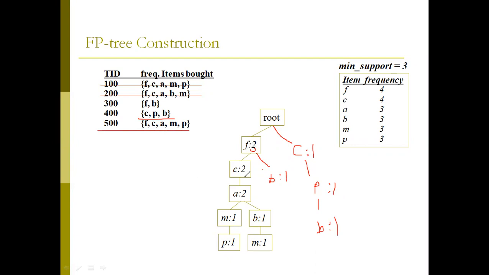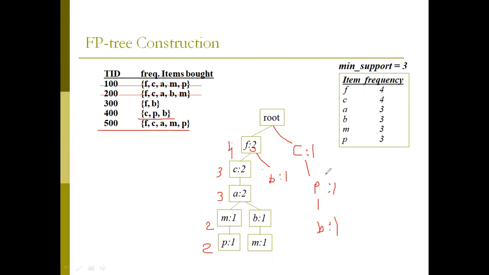FCAMP. FCAMP. Already it is there now. So F is visited 4 times, C 3 times, A 3 times, M 2 times, P 2 times. Okay. So this is the construction of the FP tree.